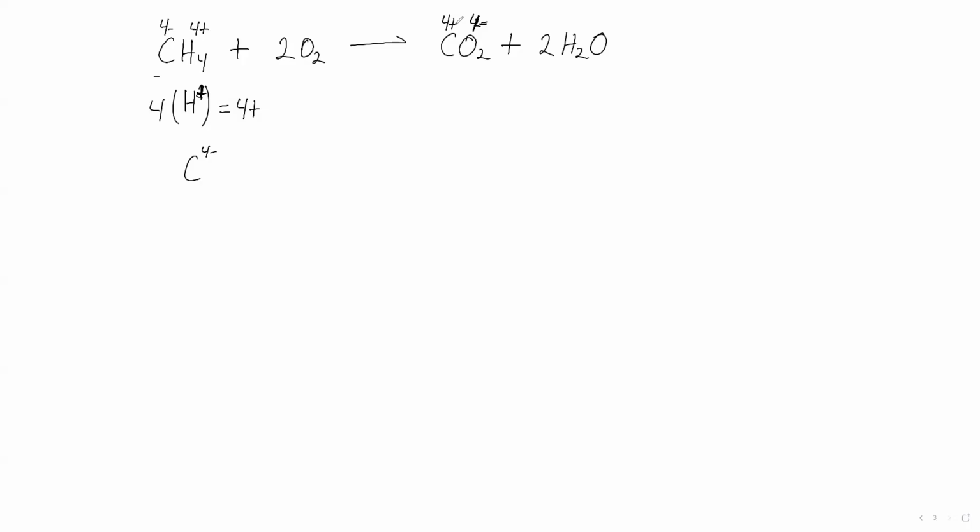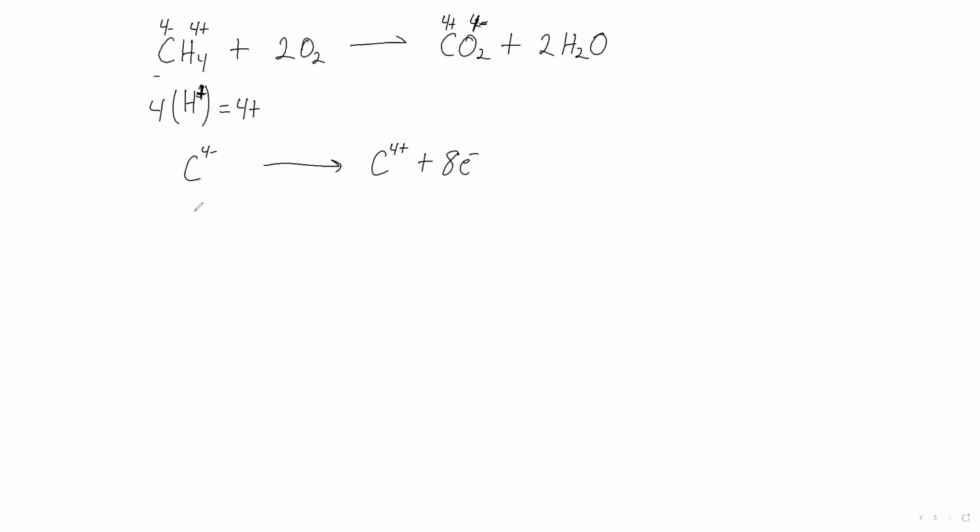Otherwise, carbon dioxide isn't balanced, which means that this carbon 4 minus went to carbon 4 plus, and it liberated 8 electrons because it went from -4, -3, -2, -1, 0, 1, 2, 3, 4. So it went 1, 2, 3, 4, 5, 6, 7, 8 steps. Lost 8 electrons and became more and more positive. Okay.